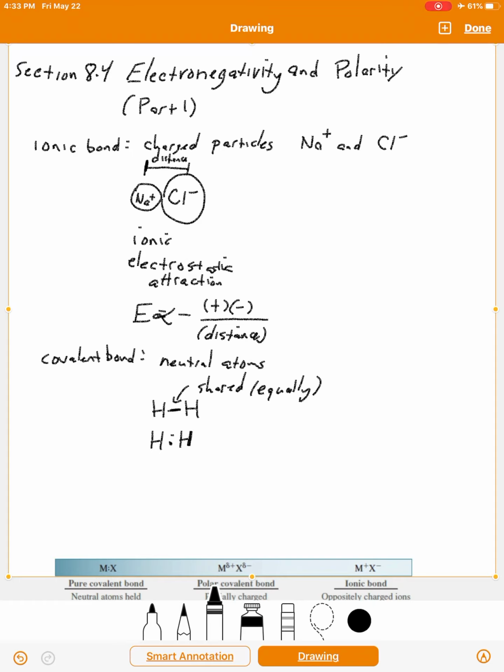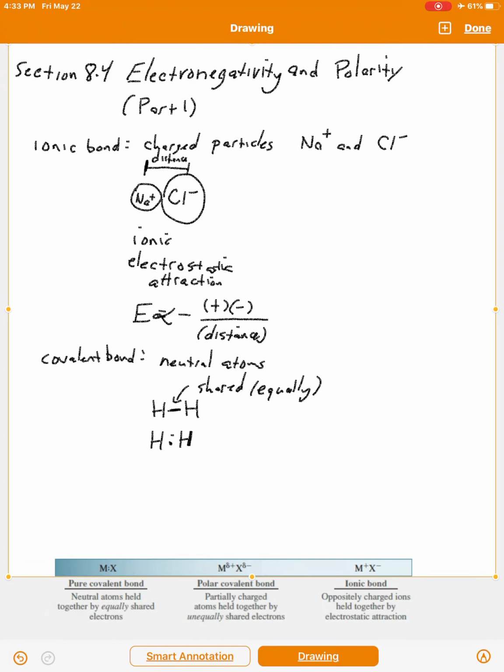But sometimes we have bonds where the electrons are not shared equally. And we call those polar covalent bonds.